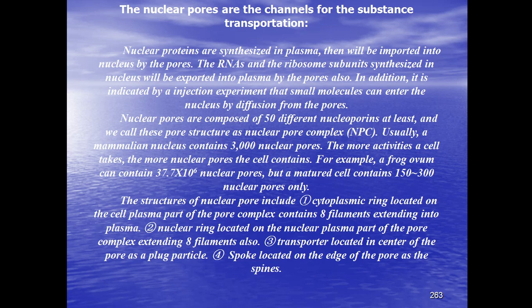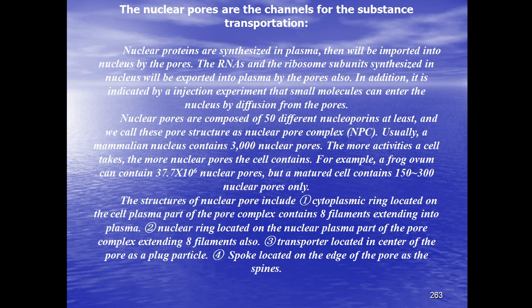The structure of any nuclear pore includes a cytoplasmic ring located on the cytoplasm side. It has 8 filaments and a nuclear ring, which also has extensions of 8 filaments.